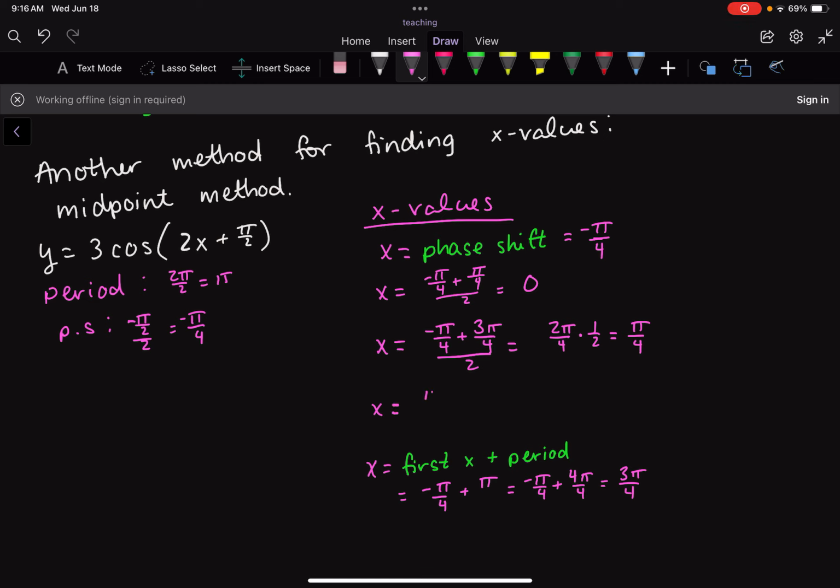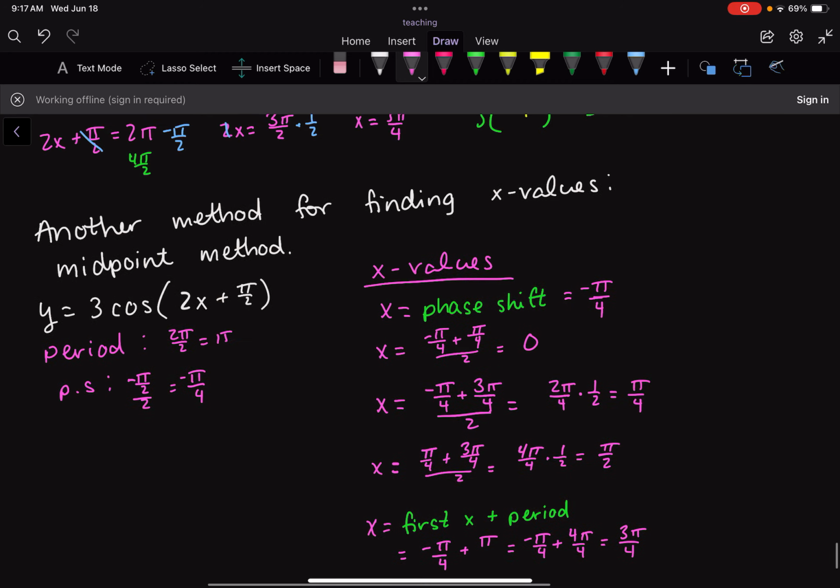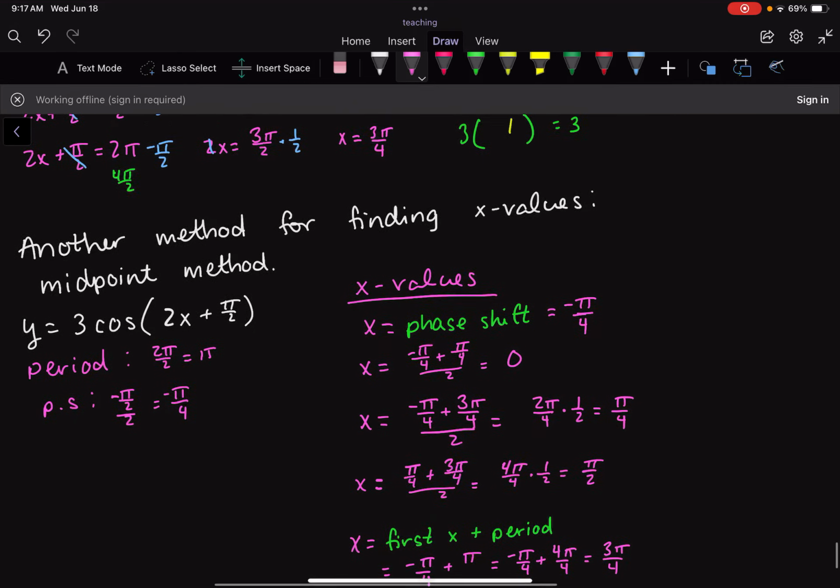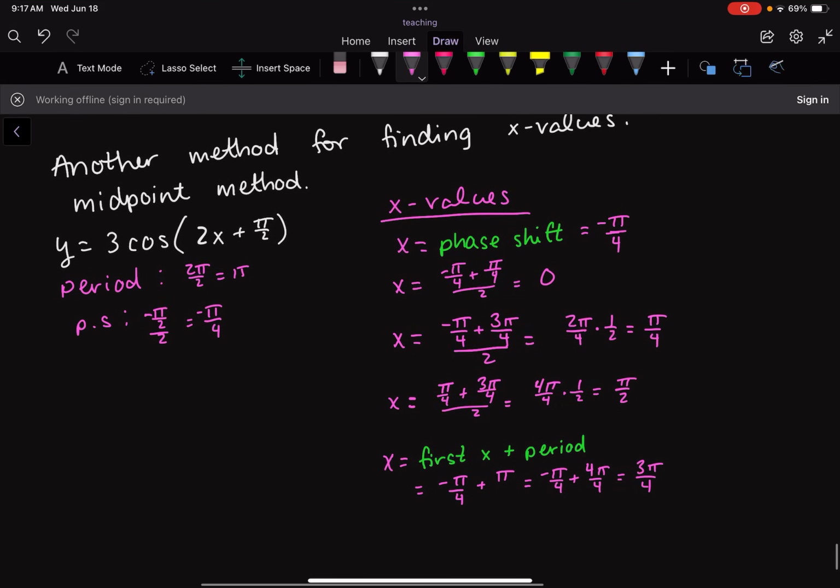So in this case, that would be pi over 4 plus 3 pi over 4 divided by 2. So this is 4 pi over 4 times 1/2, so pi over 2. So these are the same x values that we got earlier. It's just we found them in a different way.